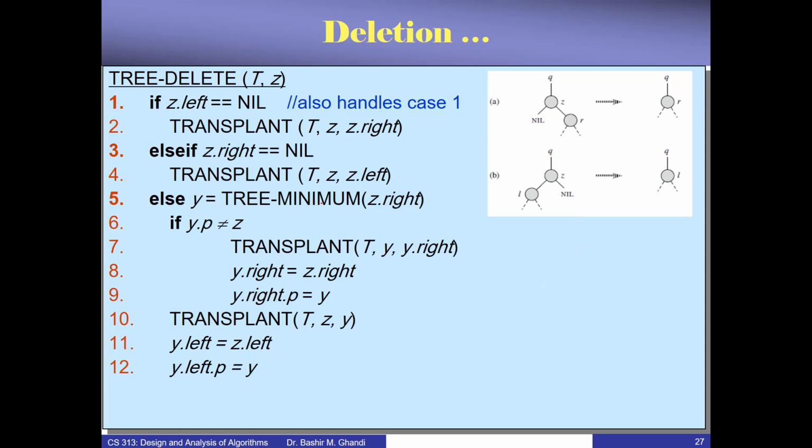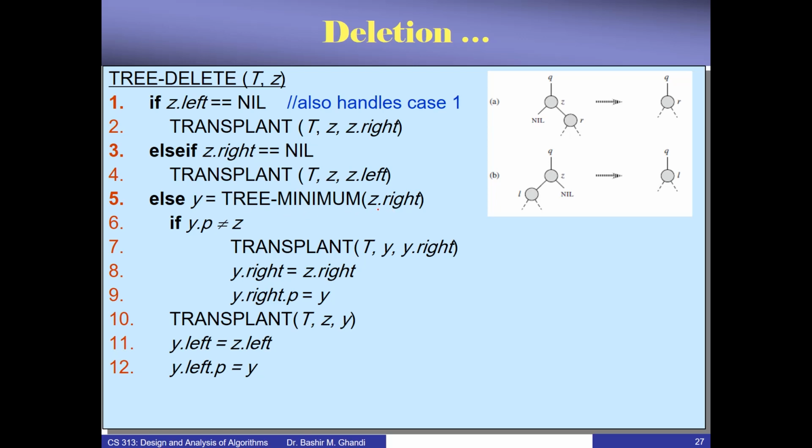Good, so that takes care of the two trivial cases. Now we are left with the two non-trivial cases. So else, it means here that neither Z dot left is nil, nor Z dot right is nil. Both of them are not nil. In other words, Z has two children. So the first thing we do here is find the minimum from the right.